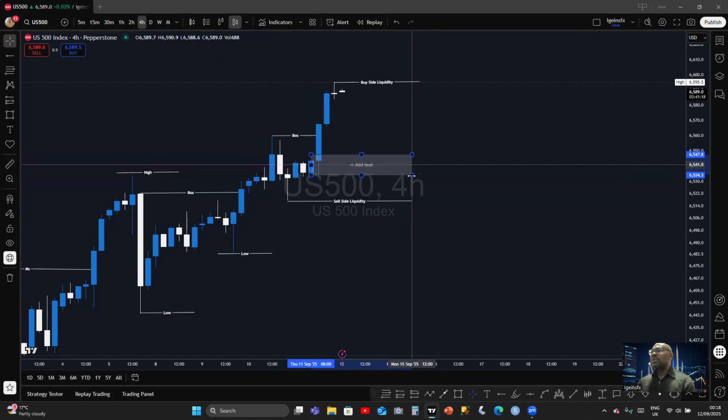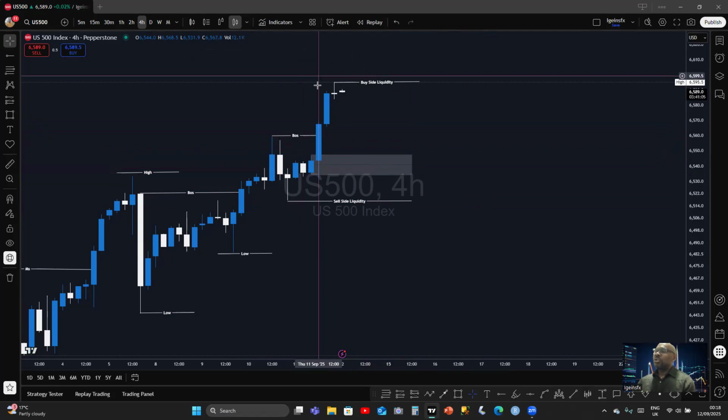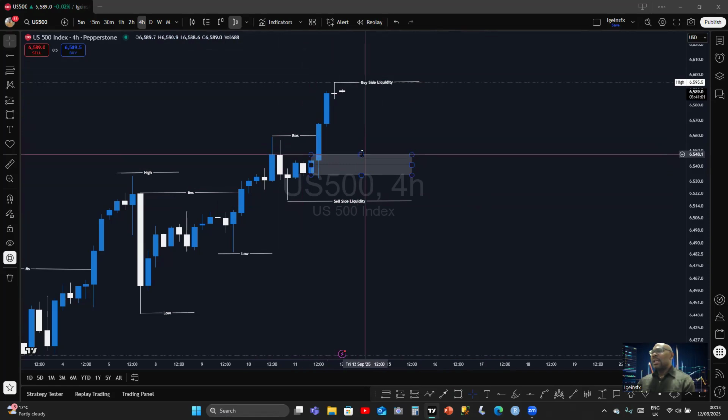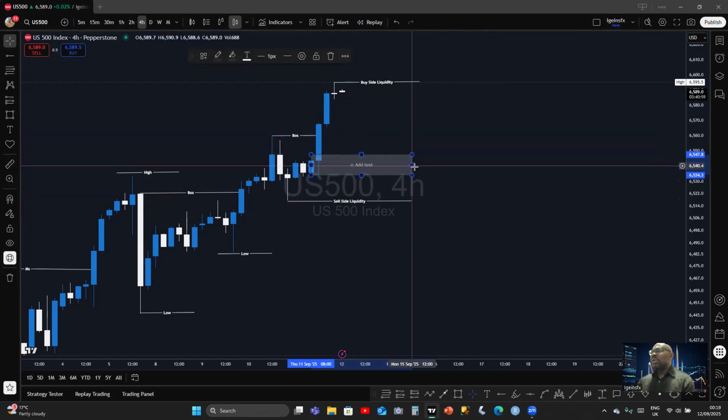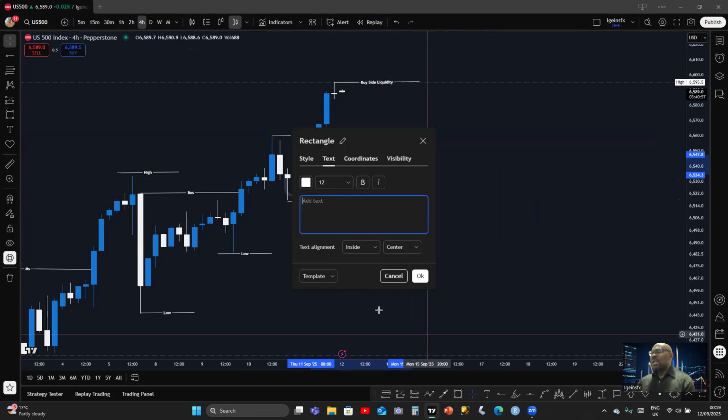Remember, guys, I told you it's not always a bearish candle that you will see before you see that big fat candle that now pushes to the upside. This is the guy that led to the break of structure. That is the order block, OB.